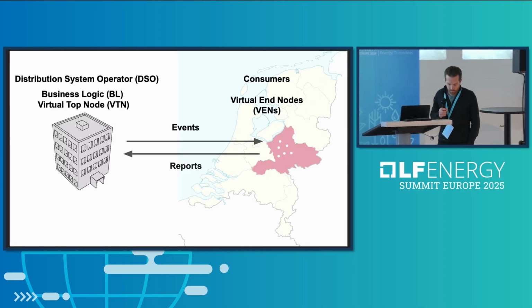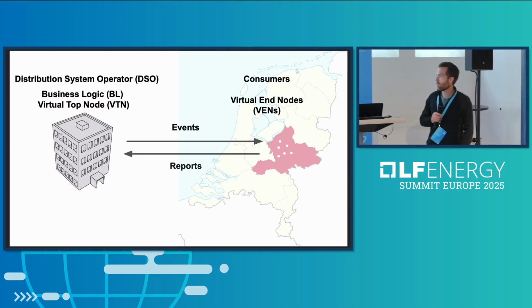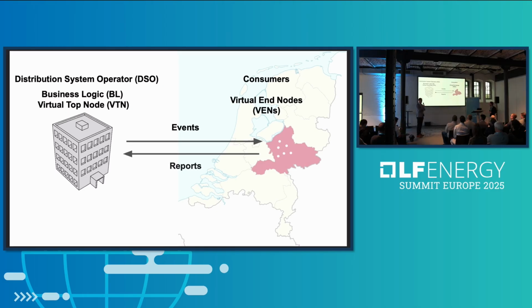Ton? Yeah, thank you, Hugo. We started drawing a visual representation of the glossary you've just seen. So on the left side here, it's the role that often plays the VTN in OpenADR terms. The DSO is there, and the DSO plays the role of the virtual top node.